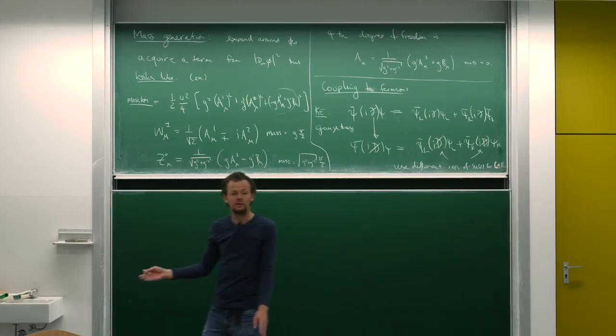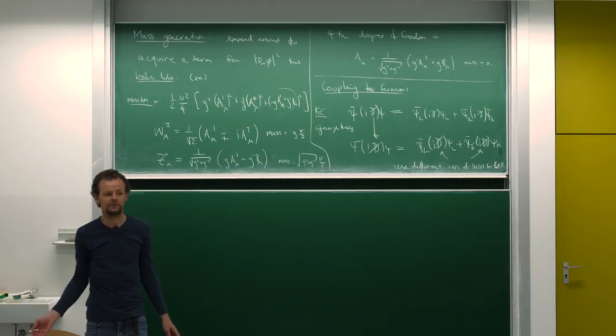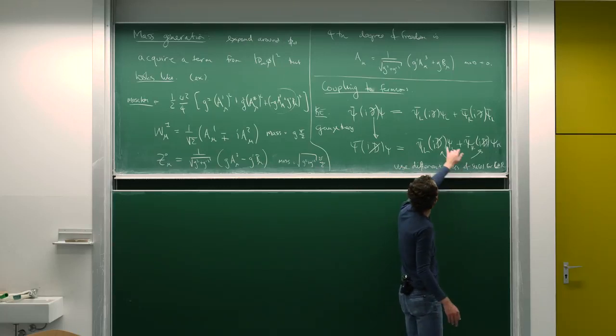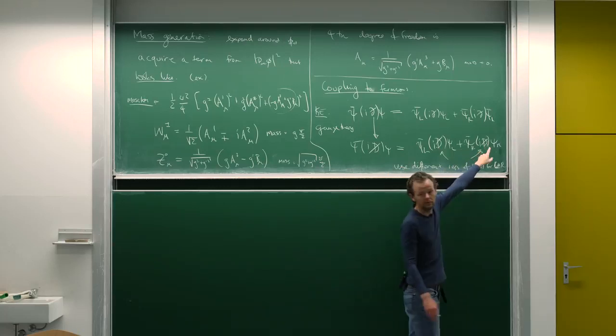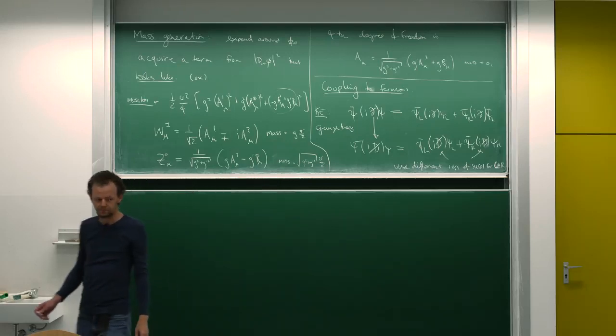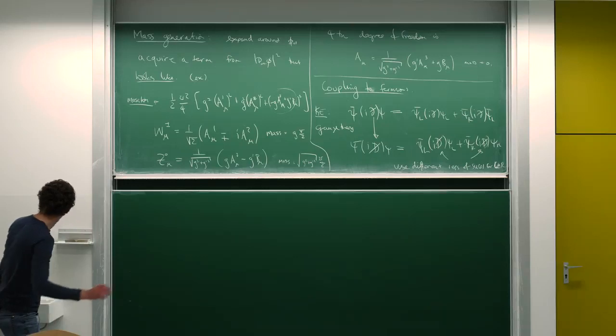So if you want a theory to couple differently to the left and right-handed gauge bosons and fermion fields, then you need to use different representations of SU(2) in this covariant derivative term, and in this covariant derivative term. That's just the way things are.